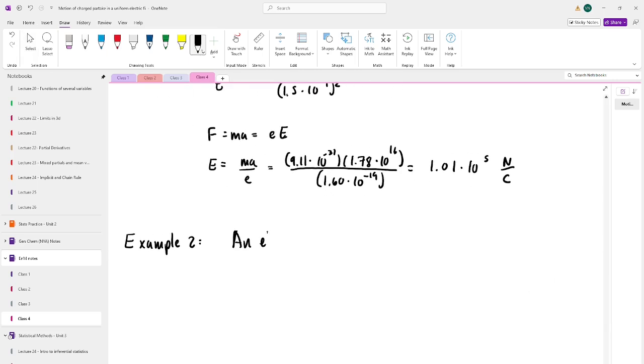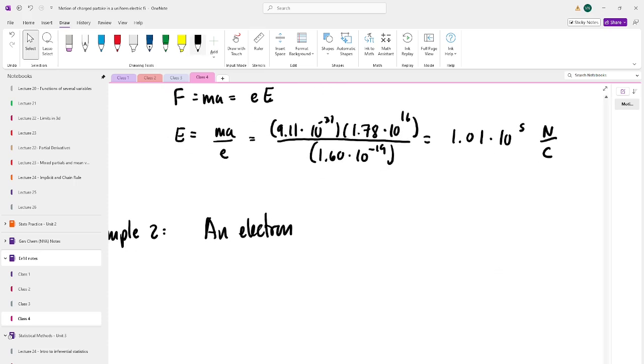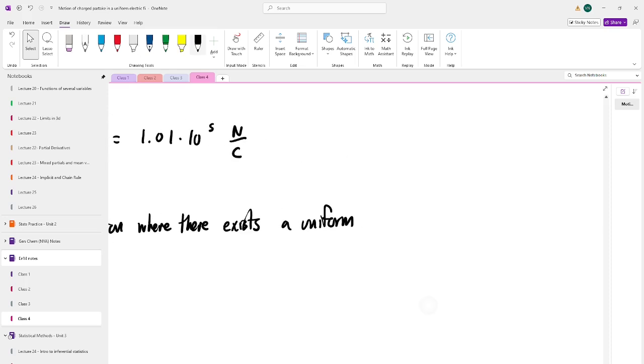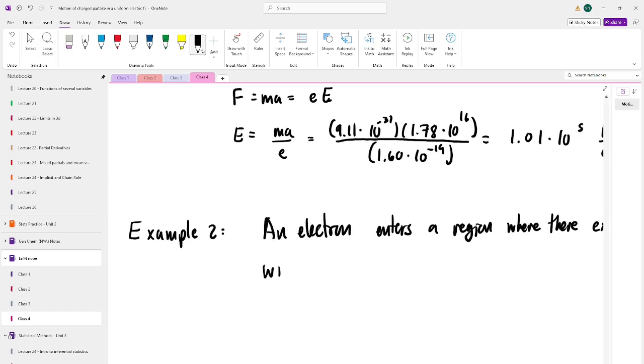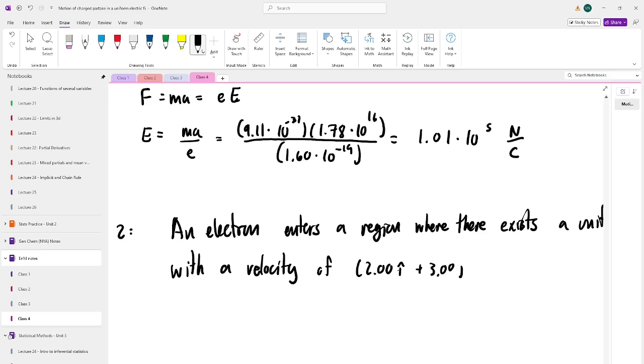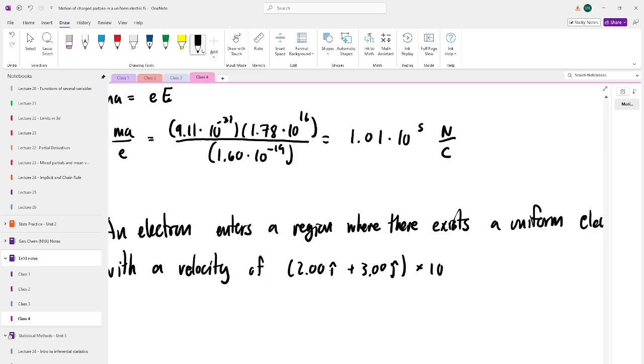So an electron enters a region where there exists a uniform electric field with a velocity of 2.00 i plus 3.00 j times 10 to the 6 meters per second.